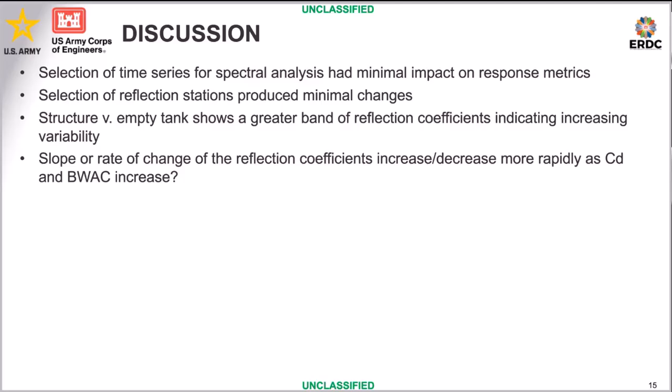In general, our spacing was consistent across both, but there could still be some sensitivity to the spacing that we did not investigate. In this particular study, we just went off of what was recommended by Goda and Suzuki. I know there are instances of optimal gauge spacing for wave reflection that we don't have the capacity to leverage or complete in this work unit right now.